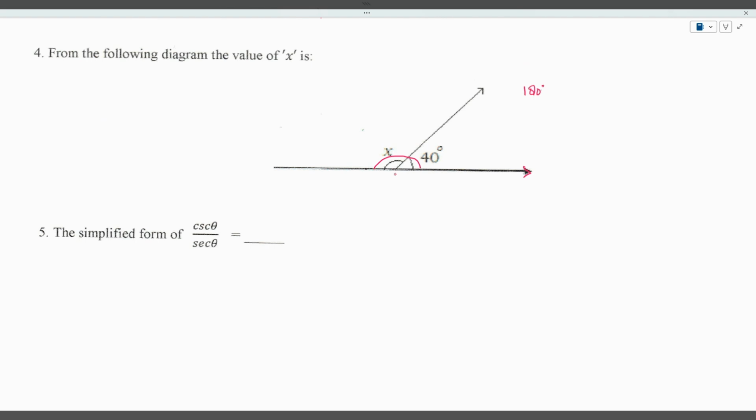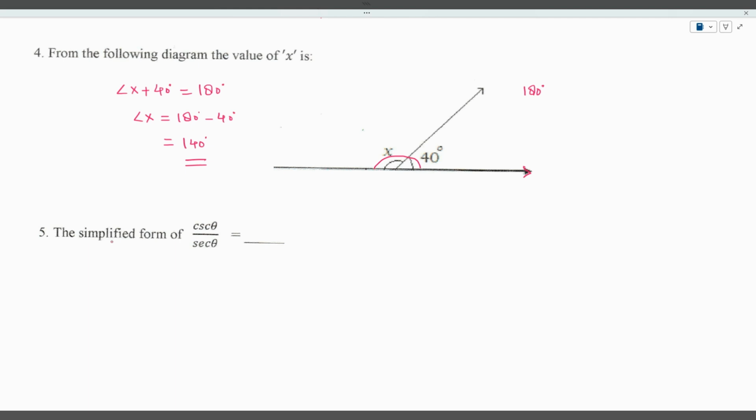This straight angle is further divided into two angles, angle x and angle 40 degrees. So you can write that angle x plus 40 degrees is equal to 180 degrees. So angle x is equal to 180 degrees minus 40 degrees, and this value is 140 degrees. So what is the value of x? The value of x is 140 degrees. Now, let us go to the next problem.